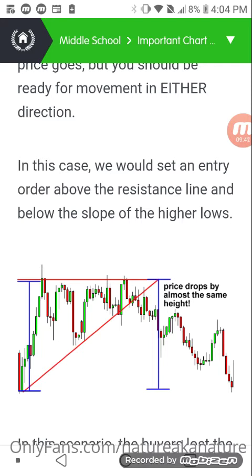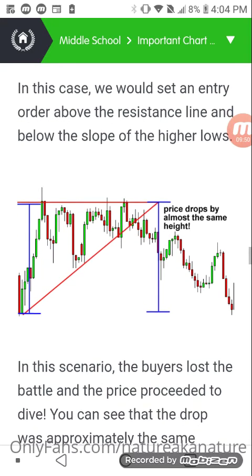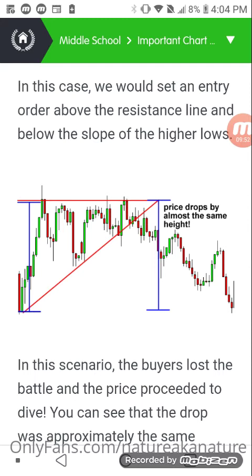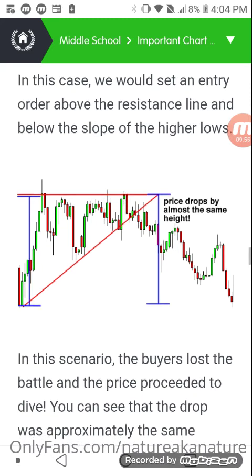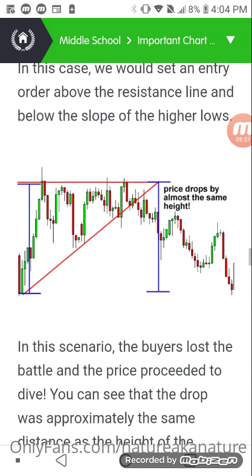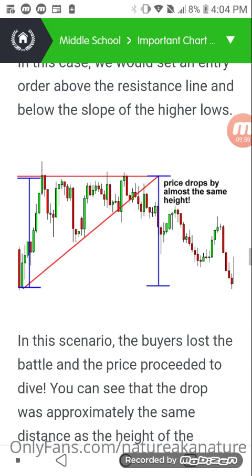As you can see to the left, price dropped back down on the right to the same level of the original uptrend. In this scenario, that can happen. I've seen it happen in the market. In this scenario, the buyers lost their battle, and price proceeded to dive.